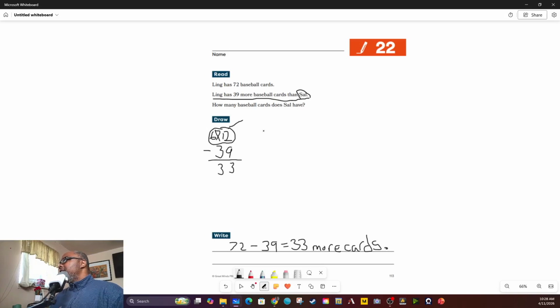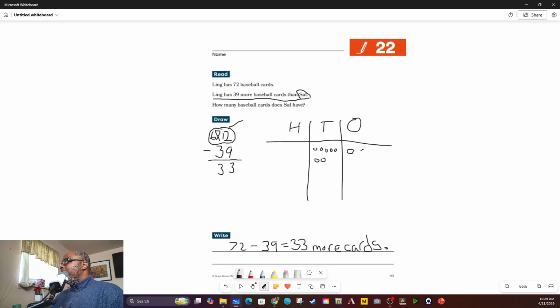All right, let's use the place value way. Hundreds, tens, ones. And then let's plot our biggest number, which is 72. So 7 tens. 1, 2, 3, 4, 5, 6, 7.